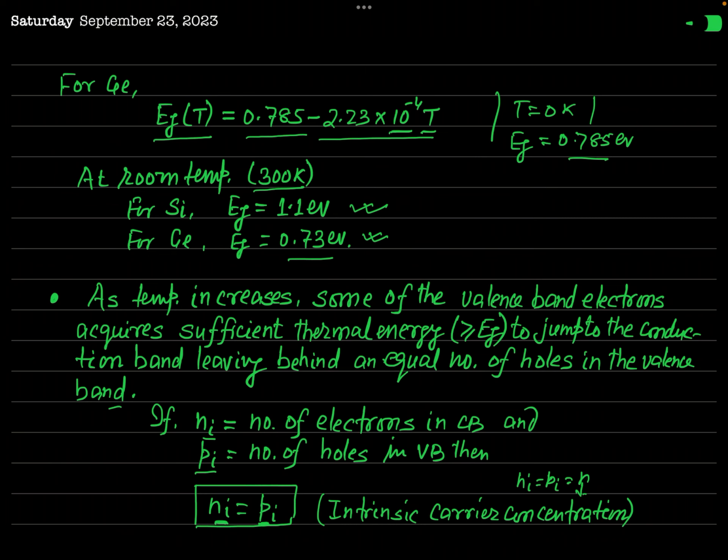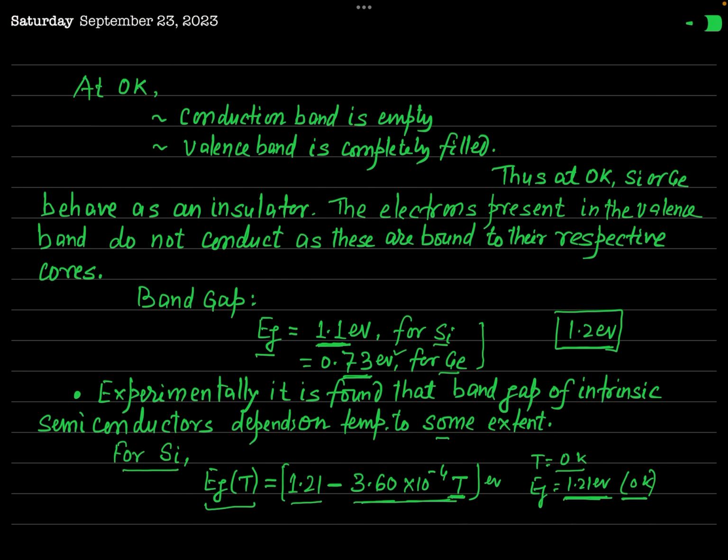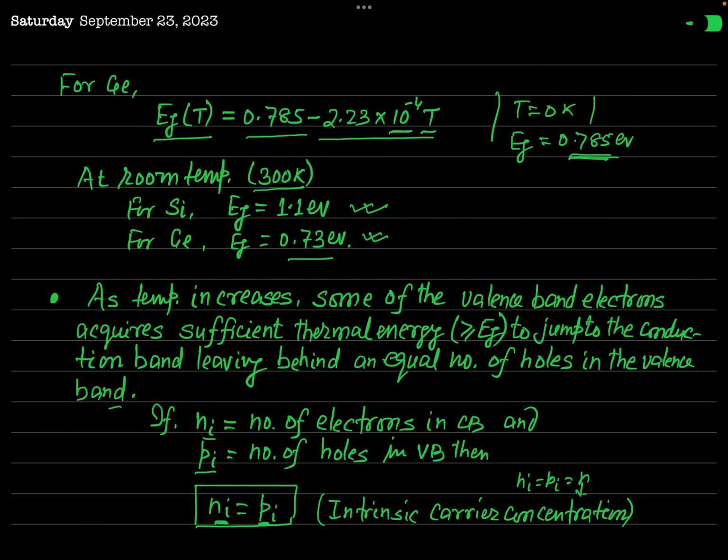Okay. But you can see even at 0 Kelvin temperature, the band gap is not very large. For germanium, it is 0.785 electron volt, and for silicon, it is 1.21 electron volt. In comparison to the insulator, this is much smaller, because in case of insulator, the band gap may be 6 electron volt or 7 electron volt. So this much amount of energy may be provided to the electron in valence band by thermal agitation.